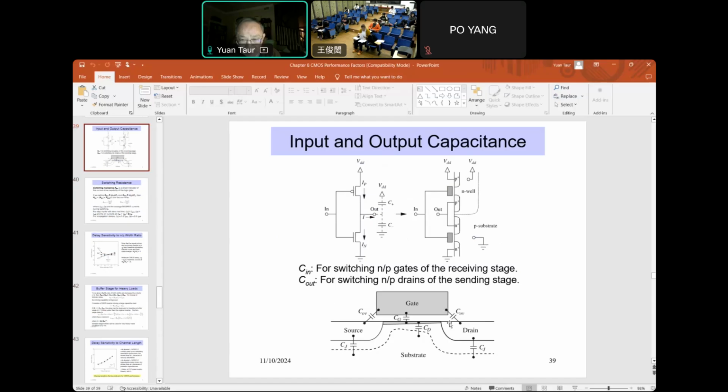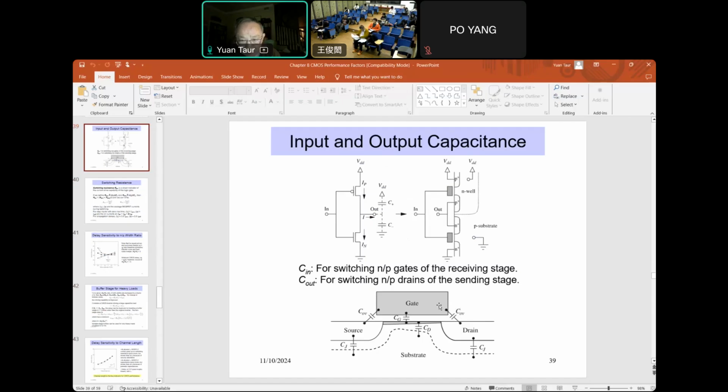Because if you give no time, then the charge of the capacitance between gate and drain cannot change. To change the charge or change the voltage, it takes time. You have to either charge or discharge.